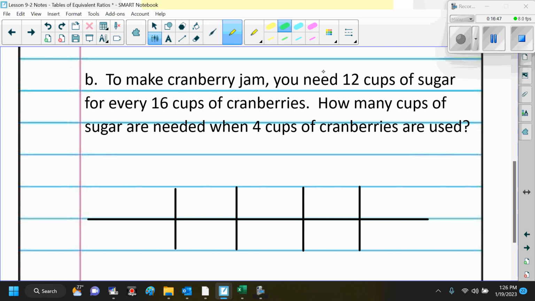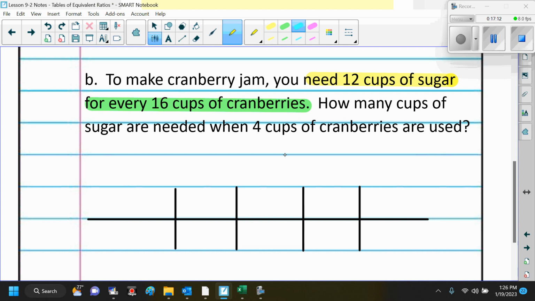Sugar to cranberries. You got to be careful how it's written in the problem, okay? So, you need 12 cups of sugar for every 16 cups of cranberries. Now it says how many cups of sugar are needed when 4 cups of cranberries are used.